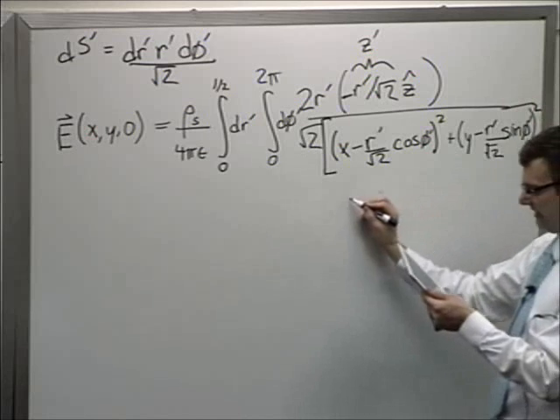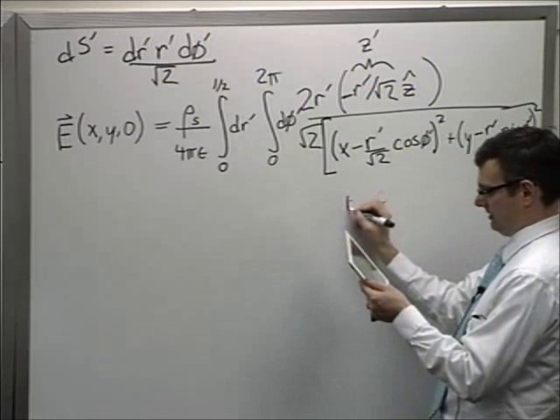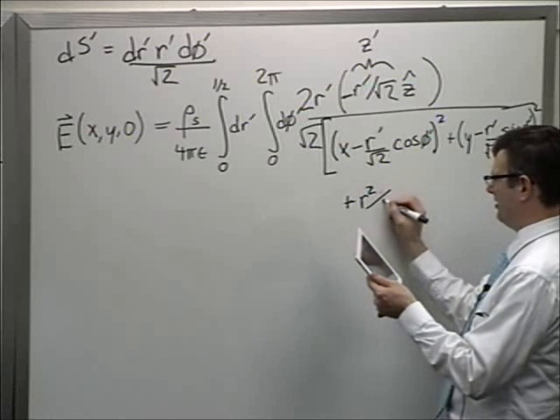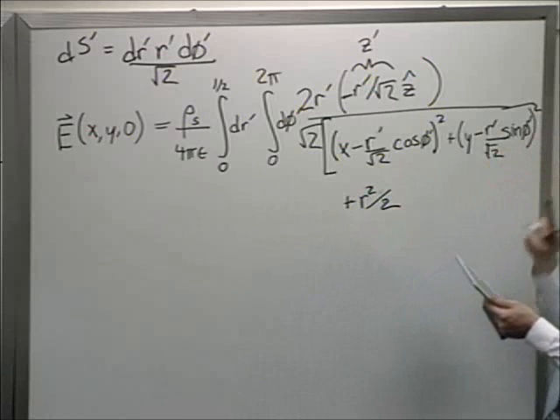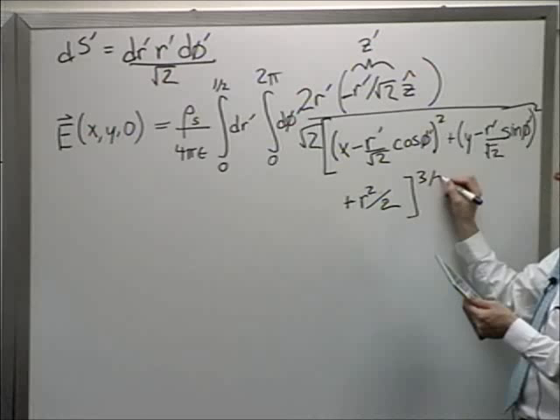And then I got to continue on to the next line. We're still not out of the brackets yet. Plus r squared over 2, which is my z prime squared. All that raised to the 3/2 power.